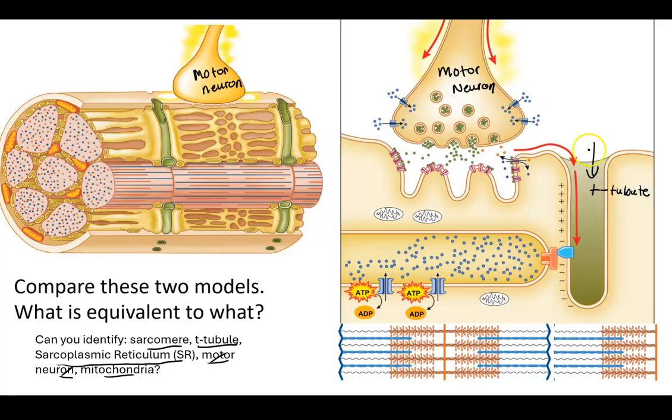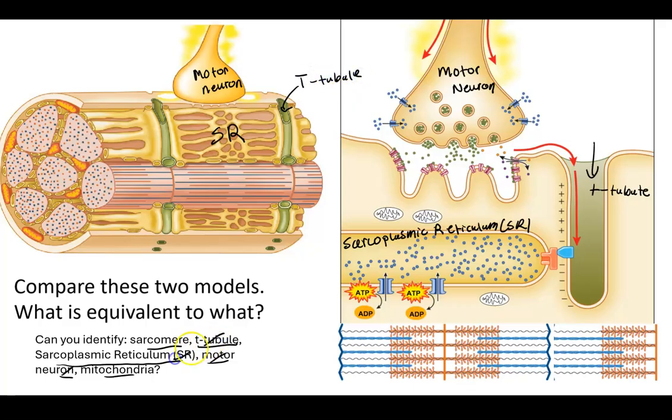Right, the T-tubule is like this dip in the cell membrane, and the cell membrane extends down into the cell to where it brings the cell membrane close to the sarcoplasmic reticulum. So this is the sarcoplasmic reticulum, also known as the SR. So over here in yellow we have the SR and this webbing, and then in green we have the T-tubule.